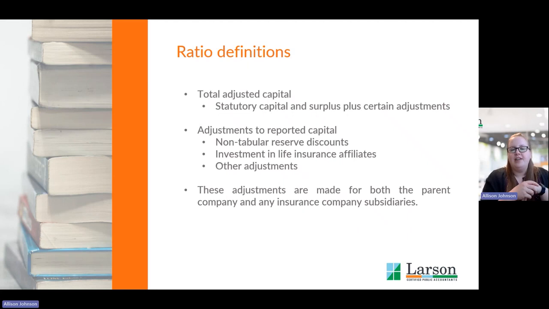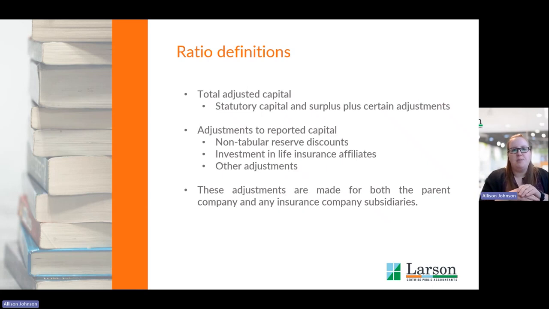So now that we have the RBC, what's the required RBC for, say, your company, we have a couple other numbers we need to calculate to get that ratio. So the first is that total adjusted capital. So this is the actual capital on your books that you're going to compare to that RBC requirement. So you'll start with your statutory capital and surplus, but there are a couple adjustments we need to make.